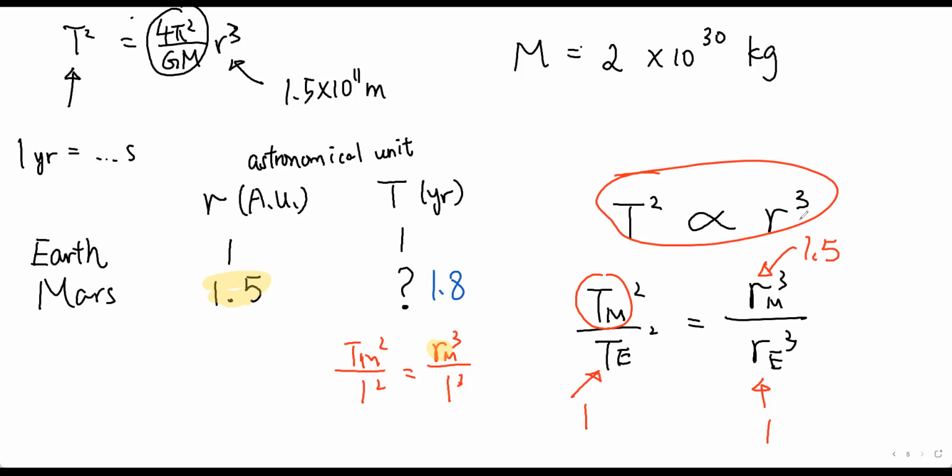So isn't it 1.8 something like that? So then you can find that the period of the Mars orbiting around the Sun is 1.84 or 1.837 year. So there's some questions something like that in the past paper.